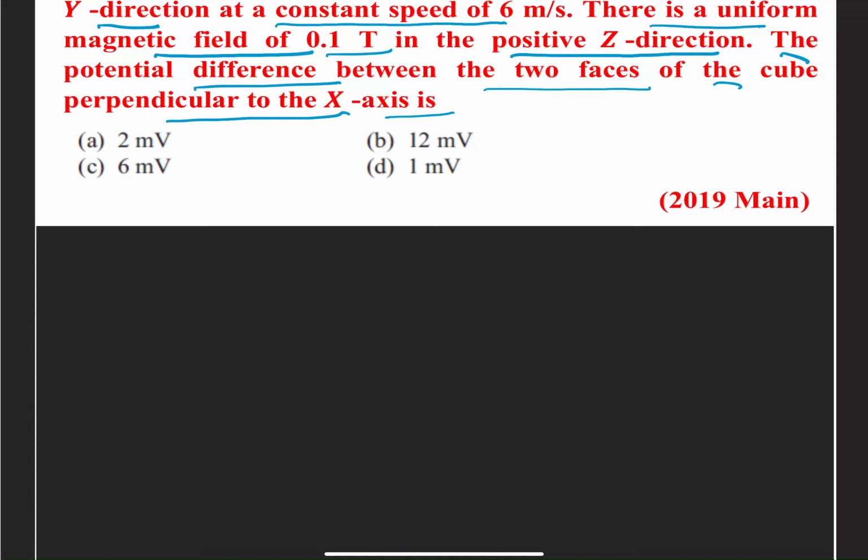In this case, we are supposed to find out the potential difference. So first of all, we are going to find out what will be the induced EMF, and that induced EMF we also call a motional EMF.